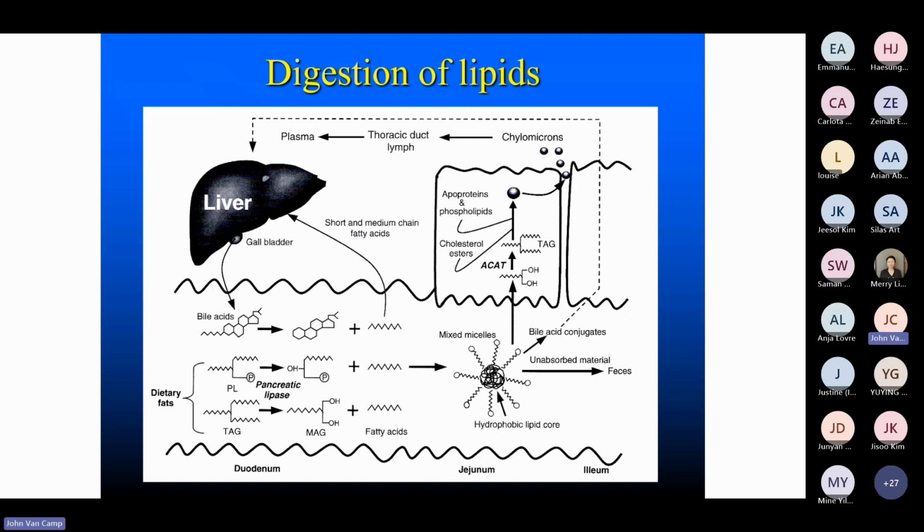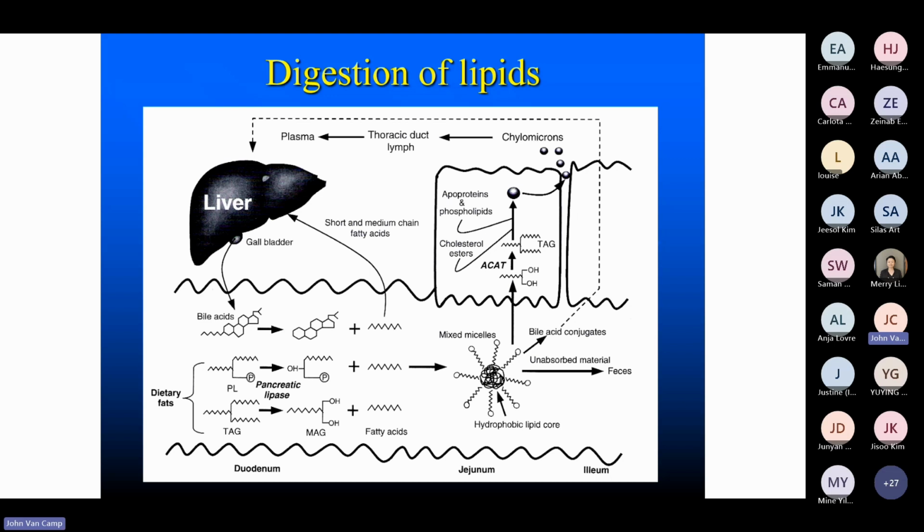It can migrate here to the interface, and near the interface, you will release the contents of the micelle. So the 2-monoglycerides will go in, the free fatty acids will go in, not the micelle because that's too big, but the free fatty acids and the 2-monoglycerides will enter into the absorptive cell.